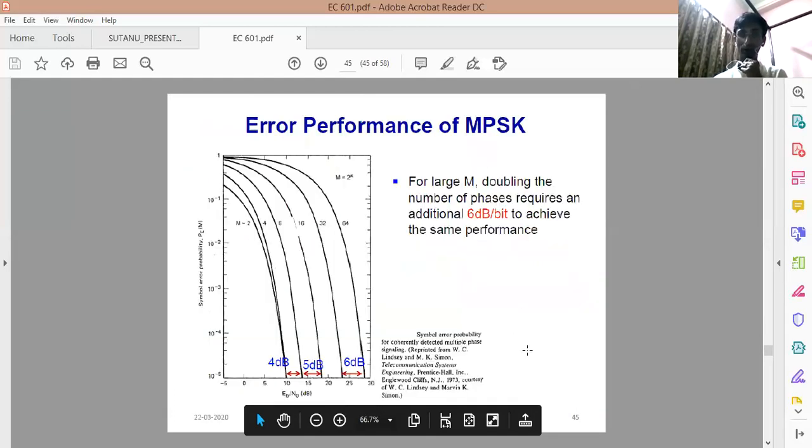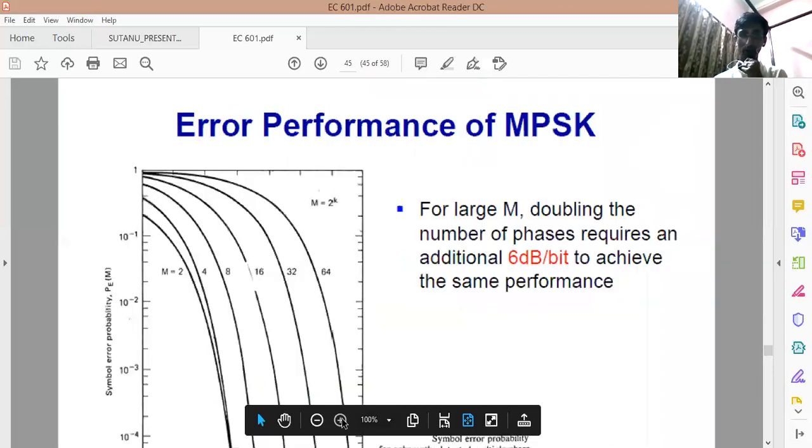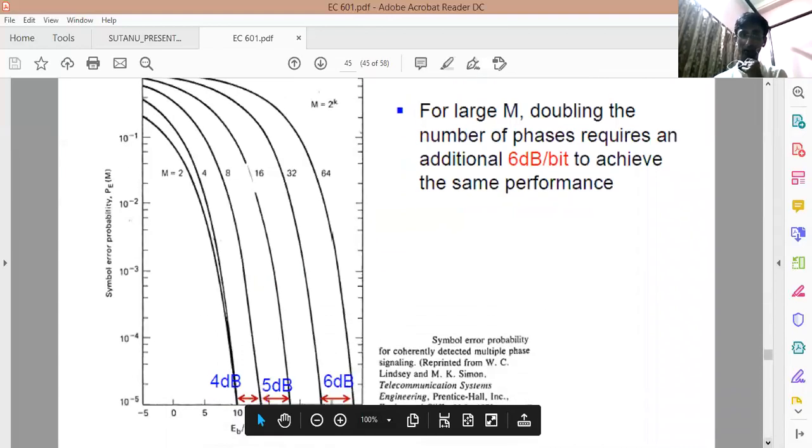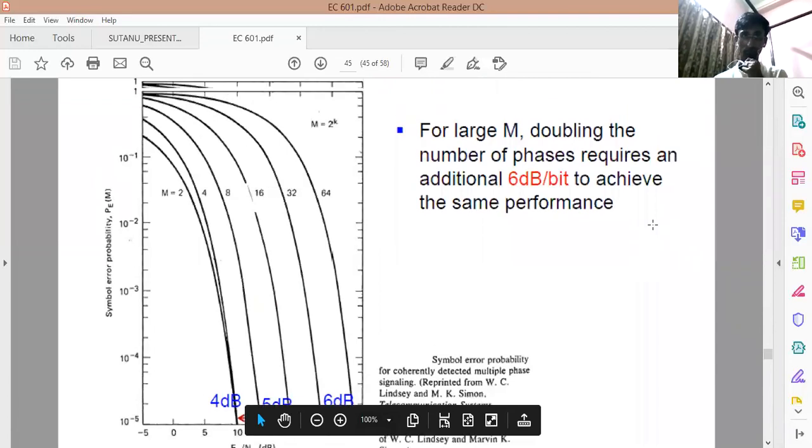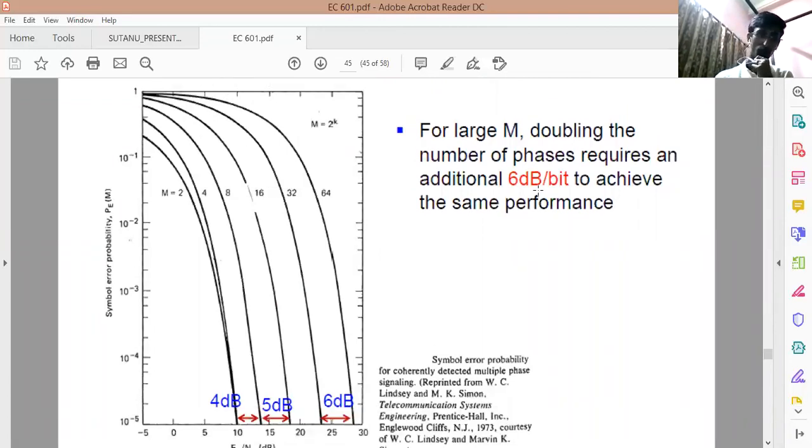And if you compare them, you will get something like this figure, where just look, the output is absolutely better for BPSK. M equal to 2 means BPSK. 4 is QPSK, 8 means 8PSK, 16 means 16PSK.